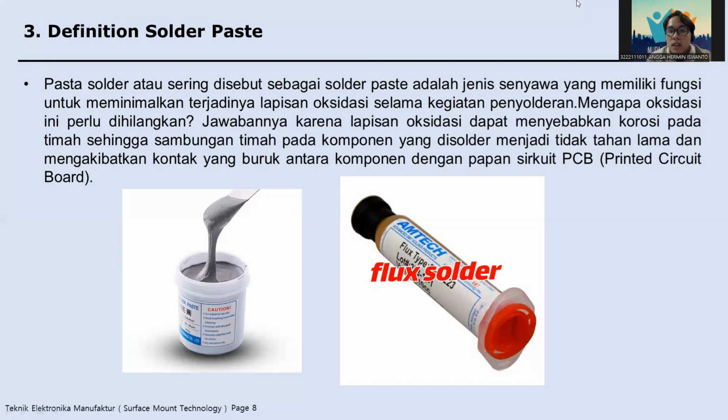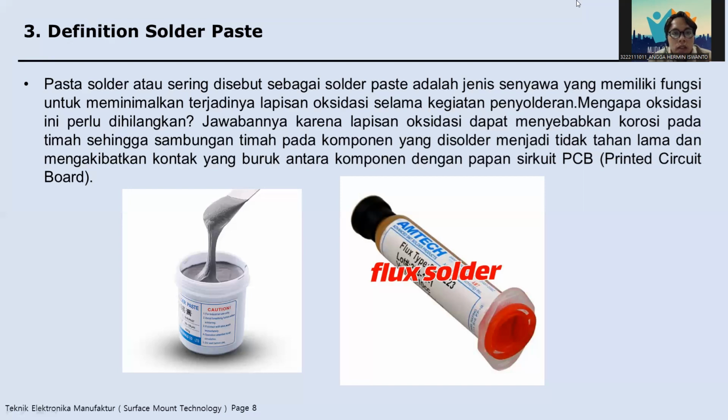Because oxidation can cause corrosion on the tin, so the tin can connect and the PCB will not have a bad contact or connection. There are two types, as in the picture below. There are two examples of solder paste.